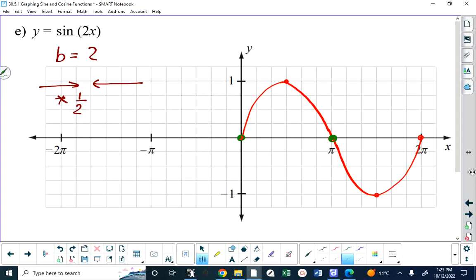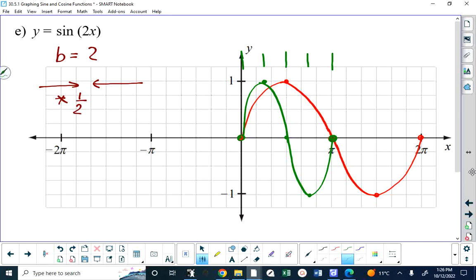So I have to split that horizontal distance into 4 equal chunks. It's going to go up to here, down to here, continue down to this point, and back up to the top. So it looks something like that. And it's going to repeat, and we don't need to draw it over and over and over again.